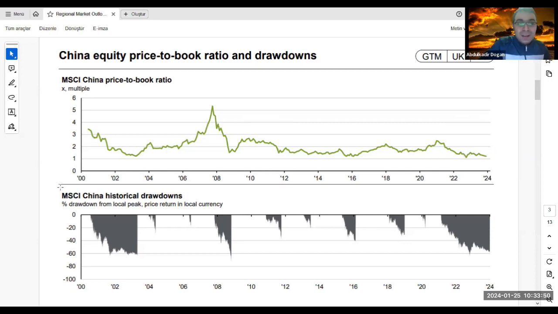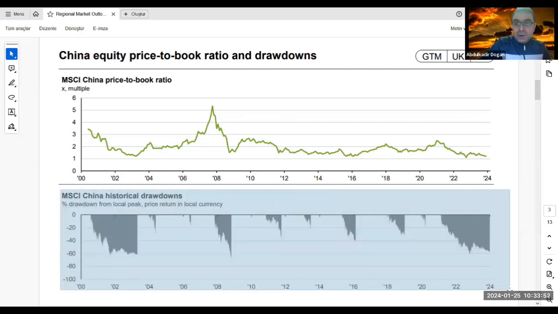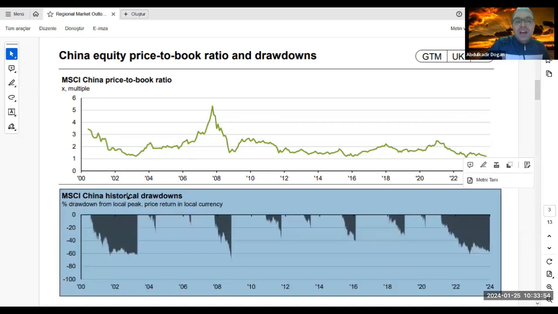And here, as you see from the dashed line, the MSCI China historical growth period shows how much China stocks dropped in crises and shocks, and how long it took to reconverge to the average line again.